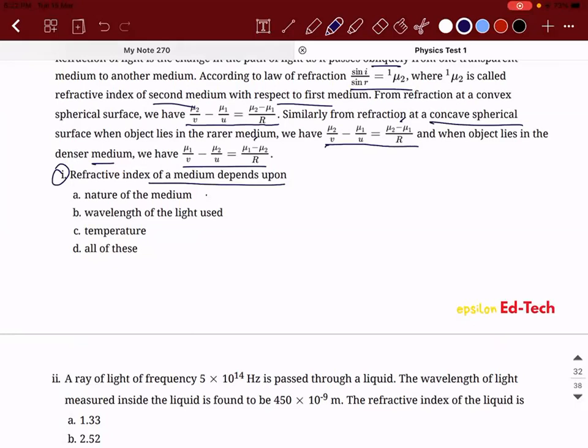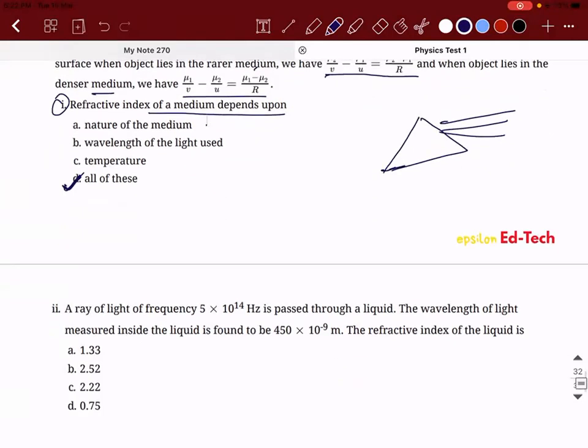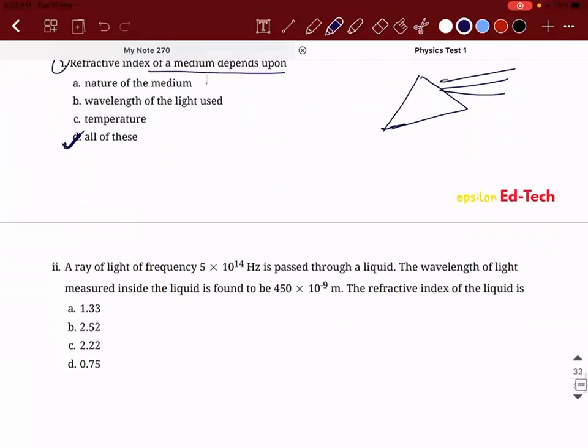It not only depends on the nature, it depends on the wavelength of the light used also, because in a prism, depending on what wavelength you are using, you get the spectrum. Similarly, it depends on the temperature as well, because optical density can be changed with the help of temperature. So refractive index depends on all these parameters. Okay. So remember this. It depends on all the three parameters.